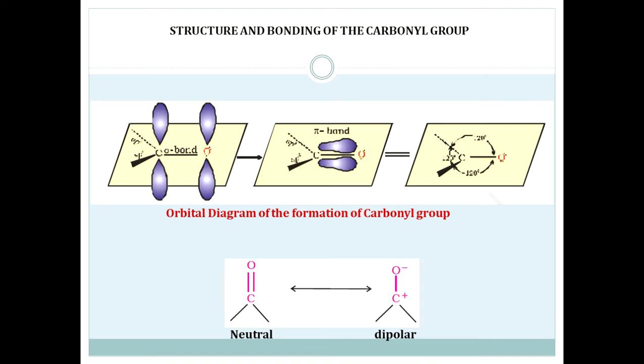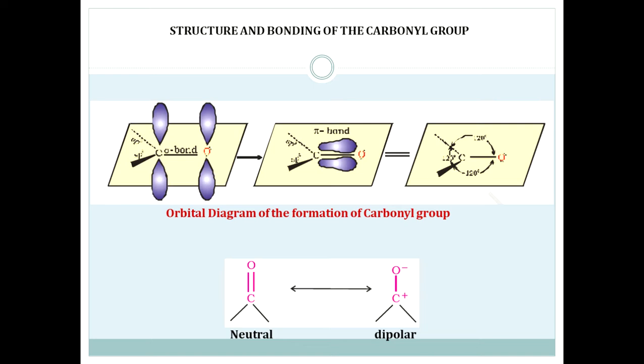Since the electronegativity of oxygen is much higher than that of carbon, the pi electron cloud is displaced towards the oxygen. This causes net polarization of the bond. Here the carbon becomes slightly positive and oxygen becomes slightly negative.